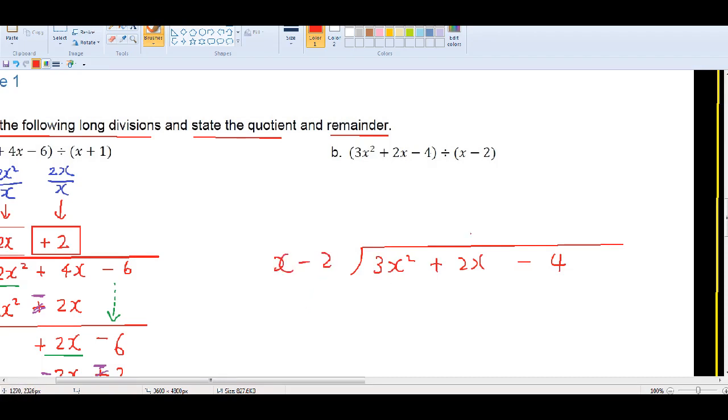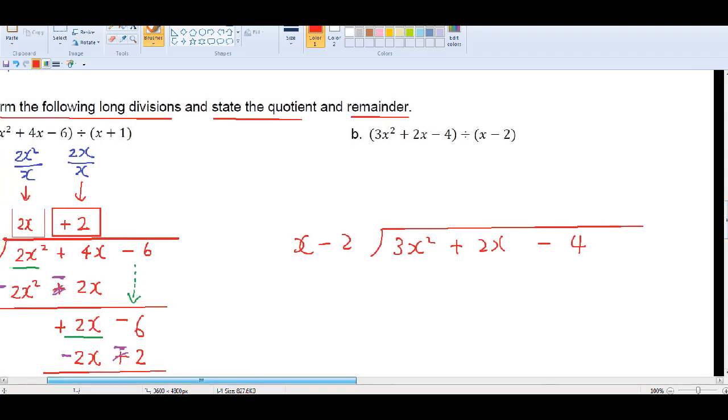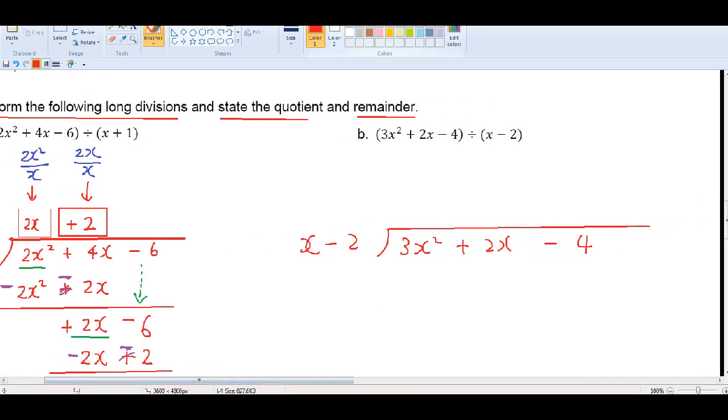First you need to compare the leading term of the dividend and the leading term of the divisor, and think about what the leading term in the quotient is.